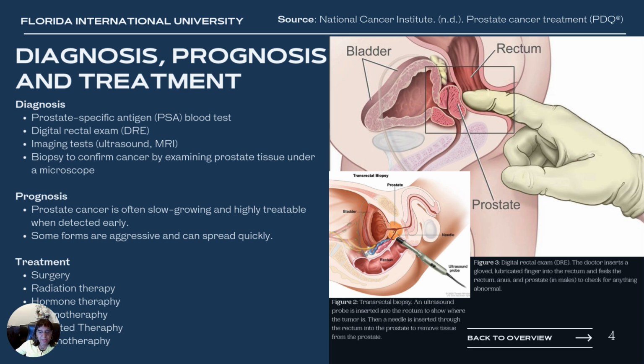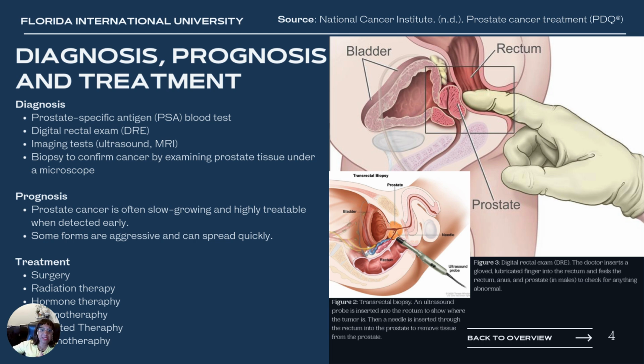Another, as I mentioned earlier, was the DRE, where the doctor inserts a gloved, lubricated finger into the rectum and feels the rectum, anus, and prostate in males to check for anything that is abnormal. And so for the men in the Caribbean, that is a stigma.